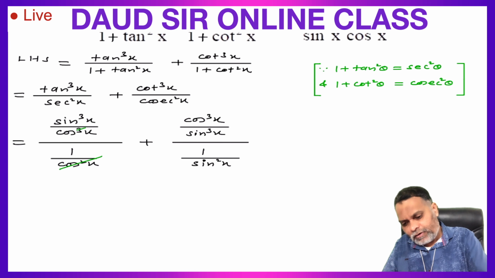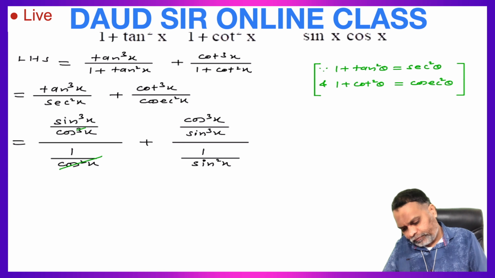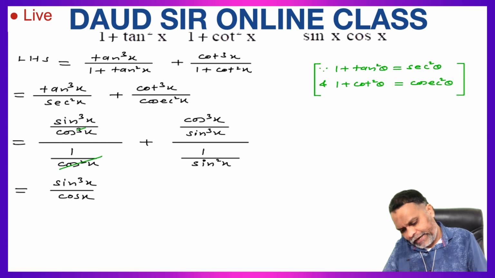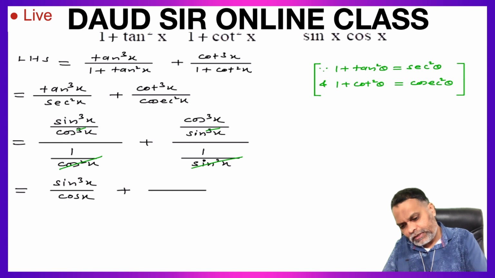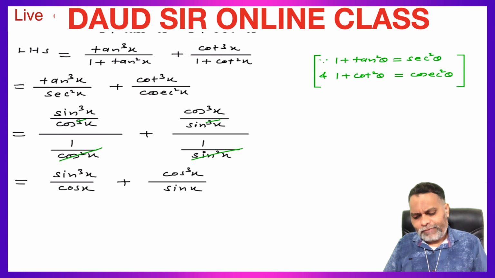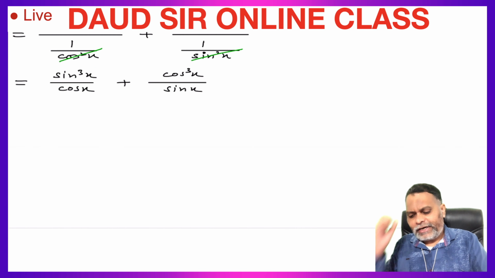So which is equal to sin cube x upon cos x, one cos x left here, plus in the second term this sin square x and this cube cancelled, so here cos cube x upon this sin x. Now simplify this. Now we can take the LCM.